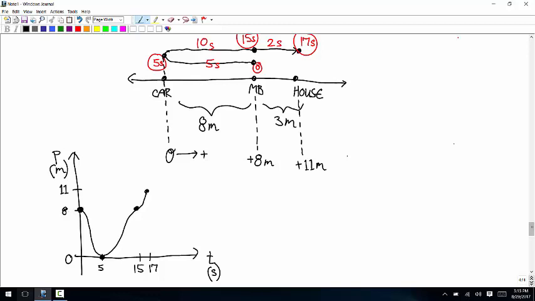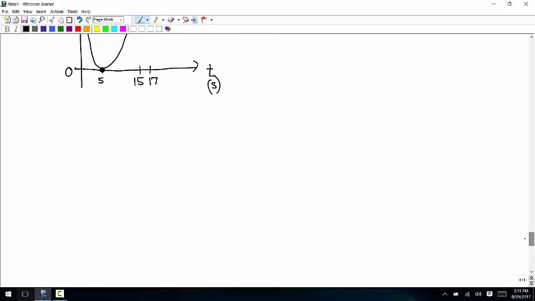So for part B, let's do the same thing, but this time we'll say our 0 position is at the house. Actually, no, erase that.